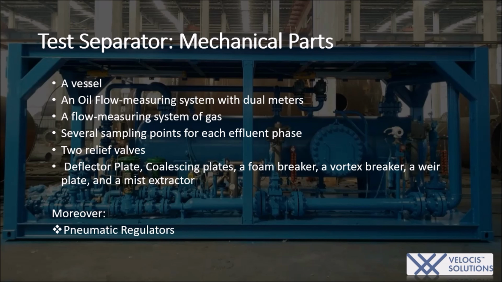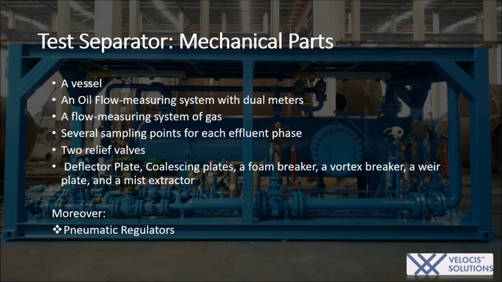The test separators typically comprise a vessel, an oil flow measuring system with dual meters, a flow measuring system of gas, several sampling points for each effluent phase, and two relief valves to protect the vessel against overpressure. To achieve accurate measurements, the test separator is fitted with pneumatic regulators that maintain constant pressure and constant liquid level inside the vessel by controlling the valves on the oil and gas outlets.